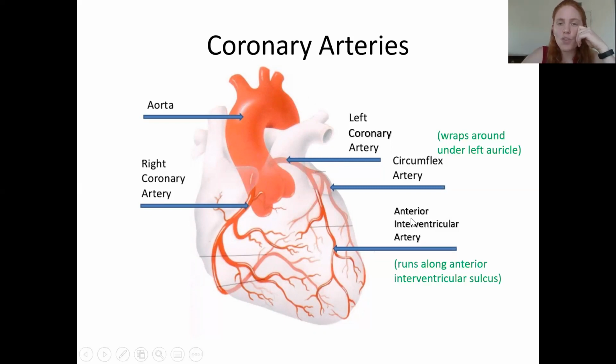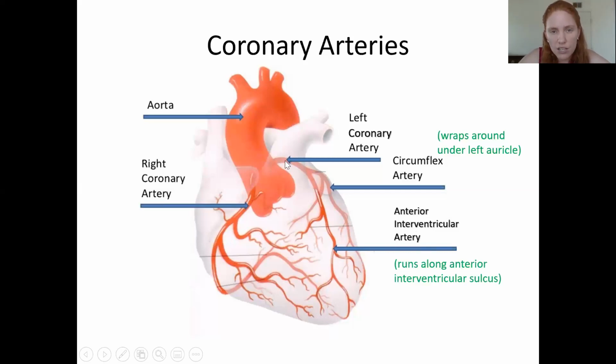That's going to be called the anterior interventricular artery. And what that does is it runs in a little groove right between the right ventricle and the left ventricle, so right between the two ventricles. That little groove is called the interventricular sulcus. Okay, so right down in the front, big red one, that's going to be the anterior interventricular artery.